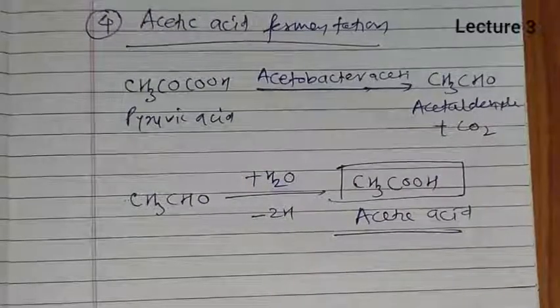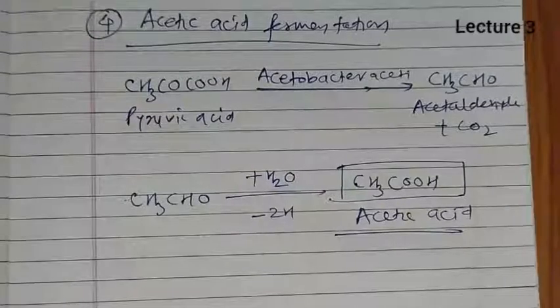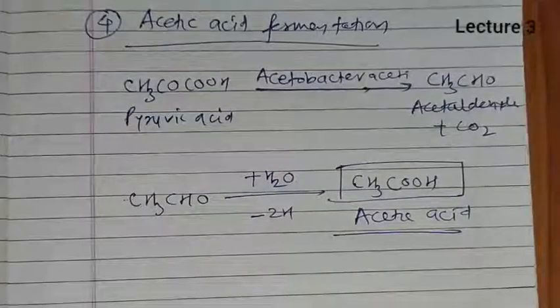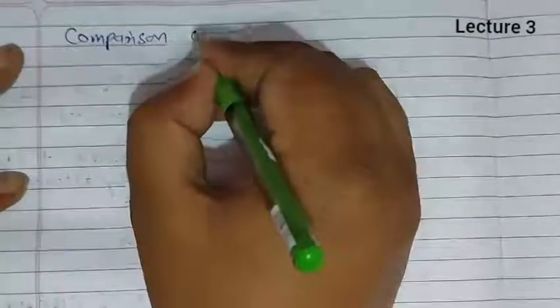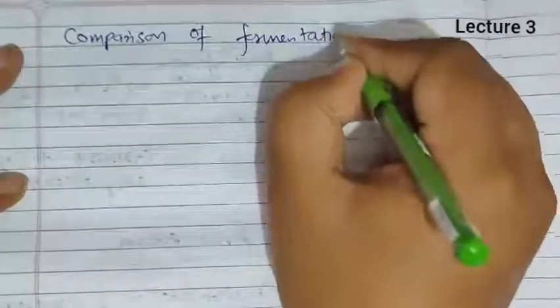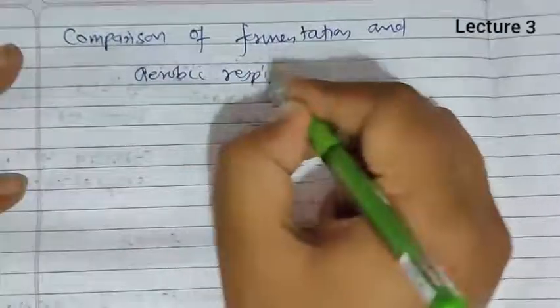Okay, so these are the different types of fermentation, but in this, remember, dear students, two are more important, that is alcoholic fermentation and lactic acid fermentation. So after studying this fermentation, we carry out a comparison of fermentation and aerobic respiration.